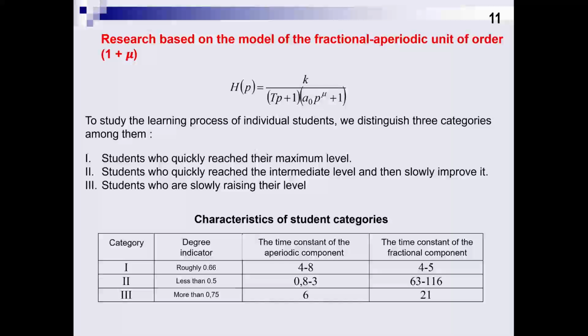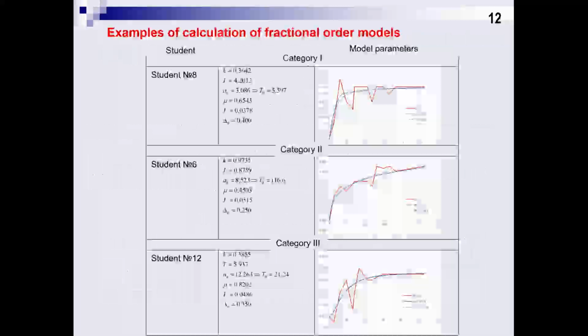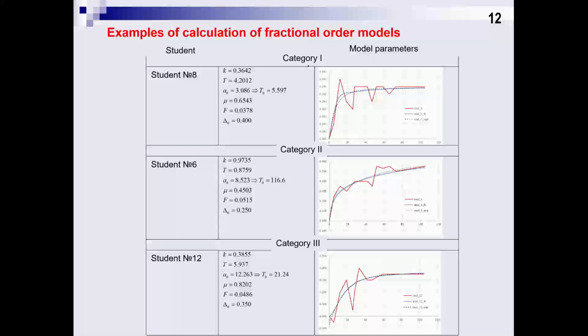Examples of mathematical models which describe students of different groups, and the corresponding graphs, are presented on slide 12. Thus, the neurodynamic and psychological characteristics of a person which affect the effectiveness of learning can be taken into account by a cybernetic model using equations of fractional orders.